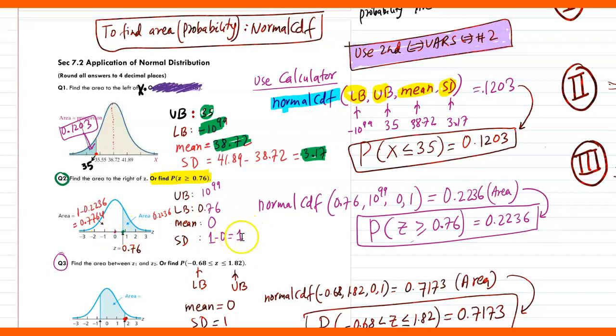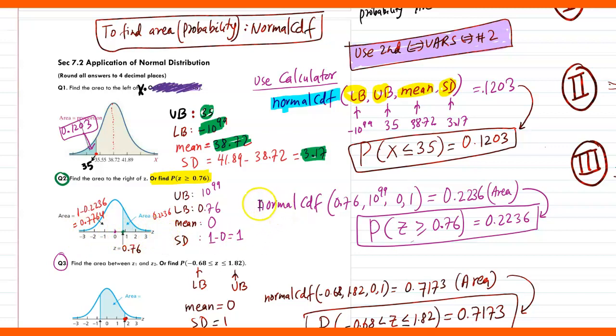That's why you get 1. Like the first question, how do you get a standard deviation? You subtract this minus this, right? So in this graph, standard deviation is 1. As long as you have a z, that's 1 standard deviation.